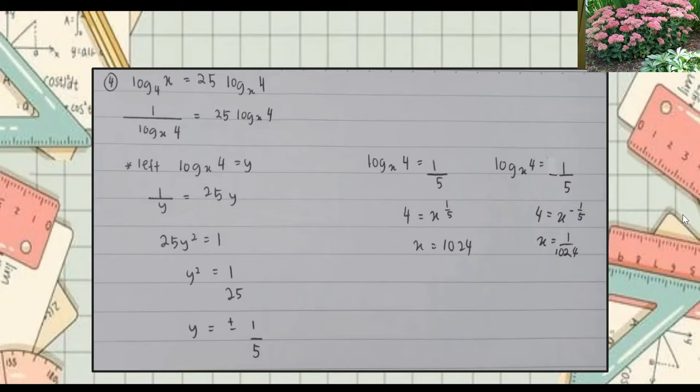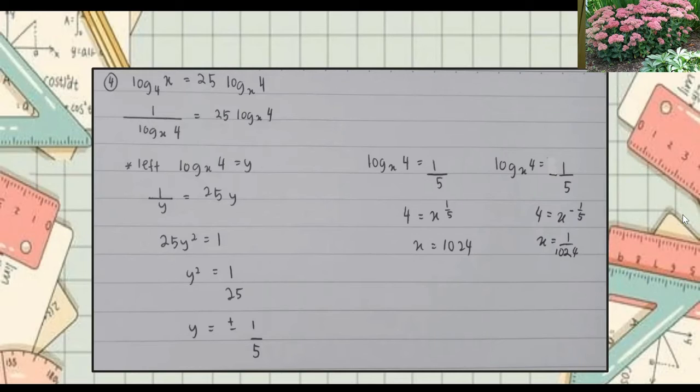So we get 1 over y equal to 25y. We solve that and we get y equal to plus minus 1 over 5. We change the y into the log x4 again and solve that. So we get x equal to 1024 and x equal to 1 over 1024.